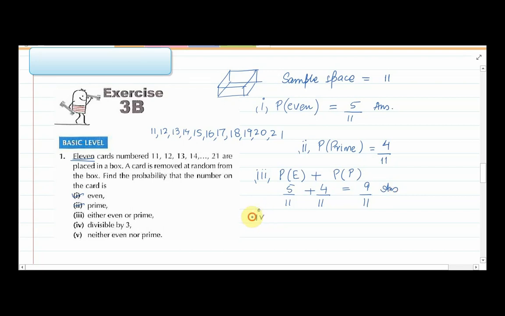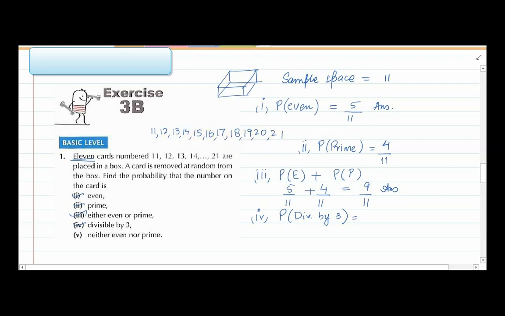Fourth part, divisible by 3. So the possibility of divisible by 3. Now the numbers divisible by 3 are those which, when divided by 3, give a whole number as the answer. So the numbers that are divisible by 3 are 12, and so on: 1, 2, 3 and 4.